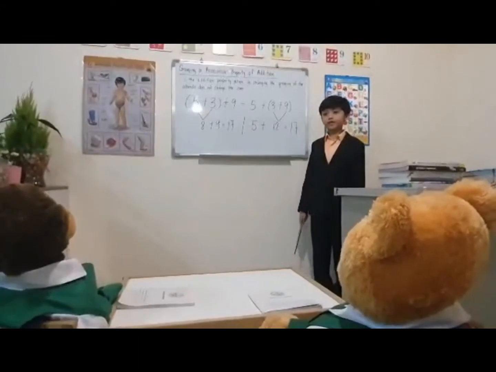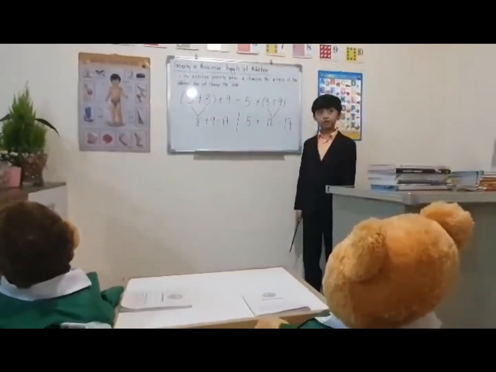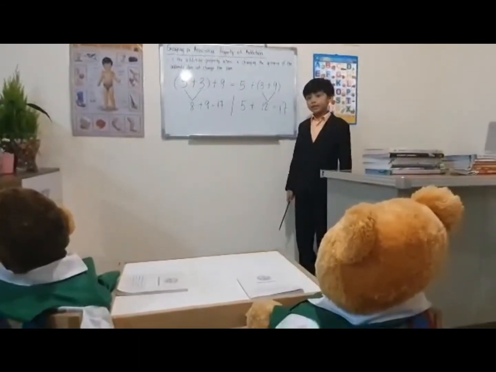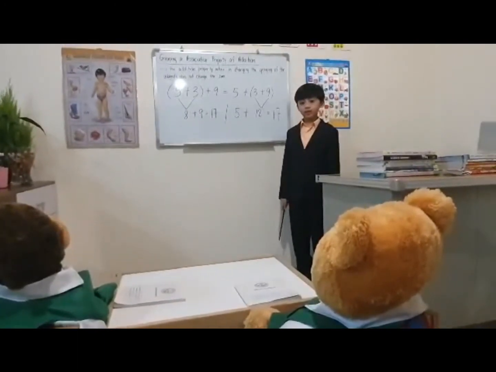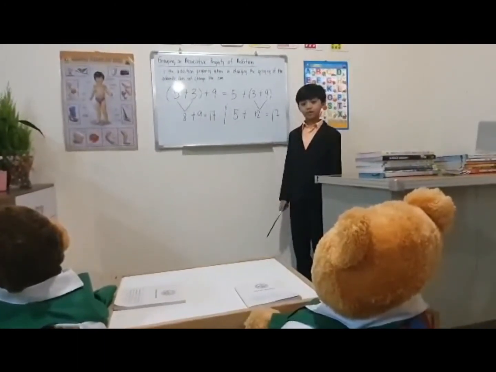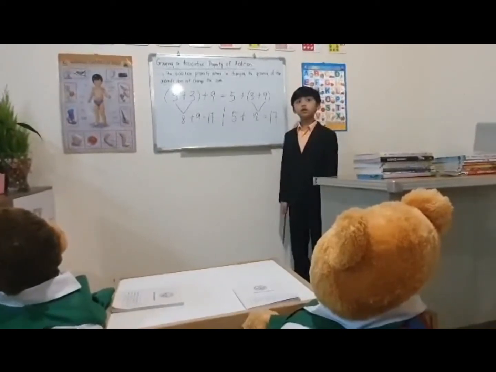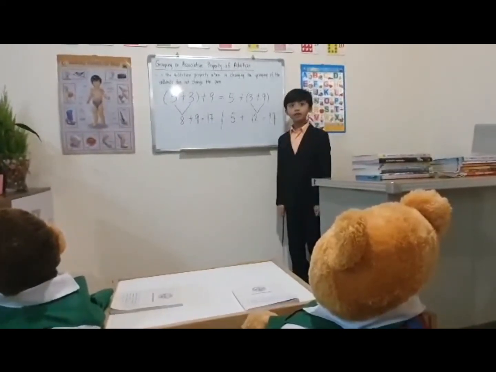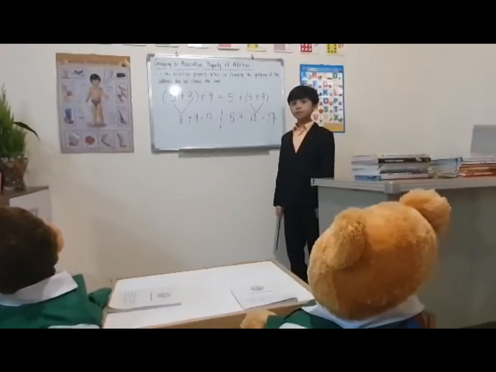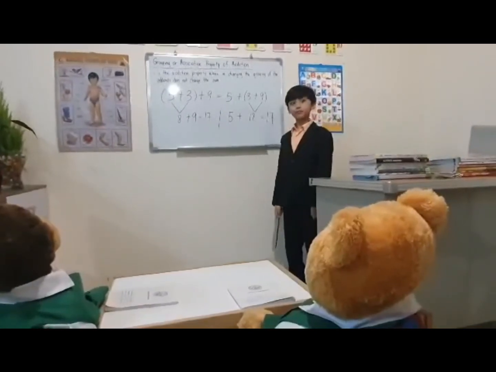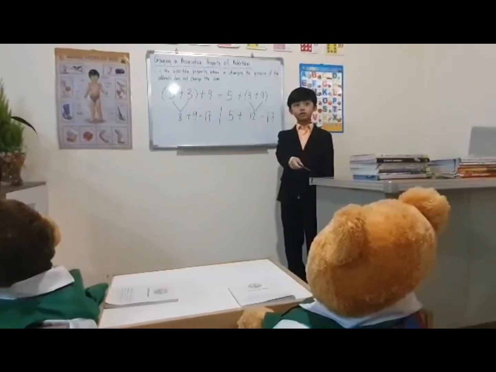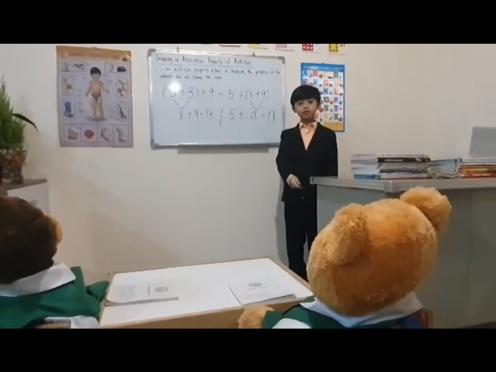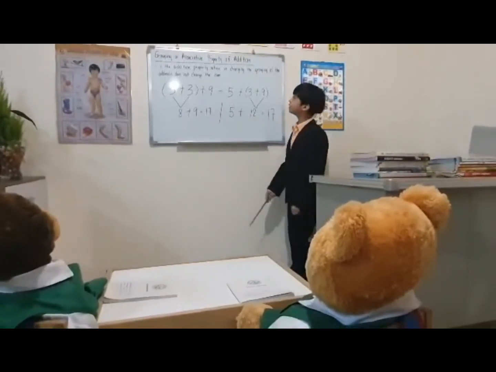Is this part clear, class? Yes, teacher. Good. Is there any question before we proceed to the last property of addition? No, teacher. Okay, so can anyone tell what is the last property of addition? Yes, Jacob? Grouping or associative property of addition. Correct, very good.